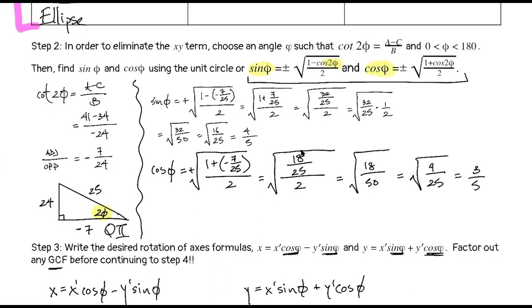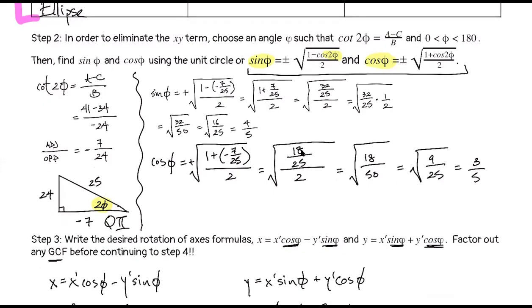Those formulas will be given to you on the exam. So this whole step 2 will be there in words and the formulas will be there. Then, to find our sine phi and our cosine phi, we use this cotangent 2 phi to help us access that double angle formula so that we could find our sine and cosine of the single angle.